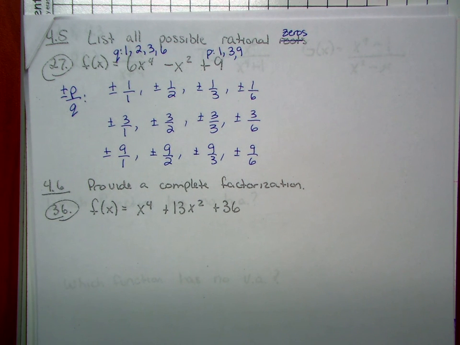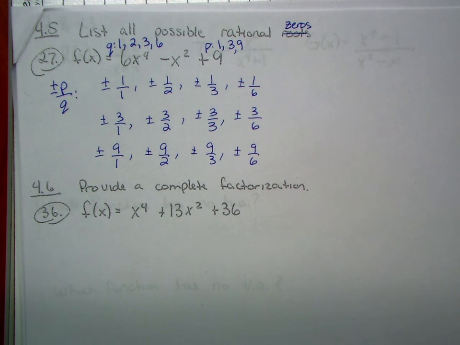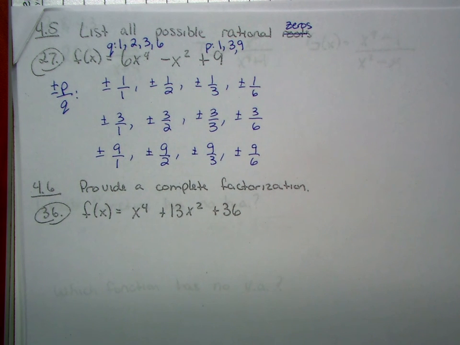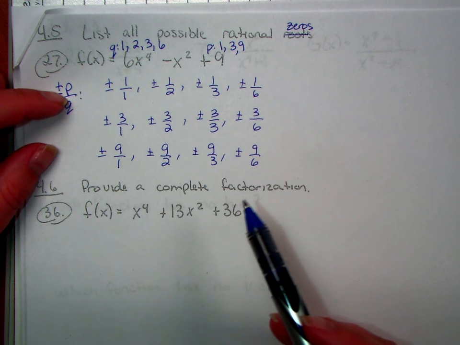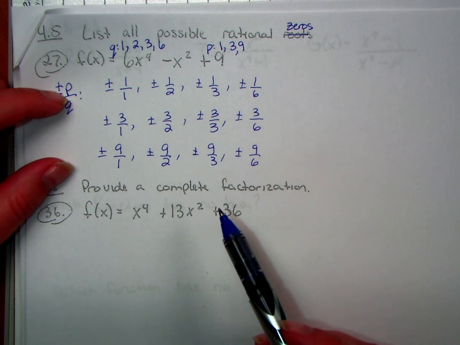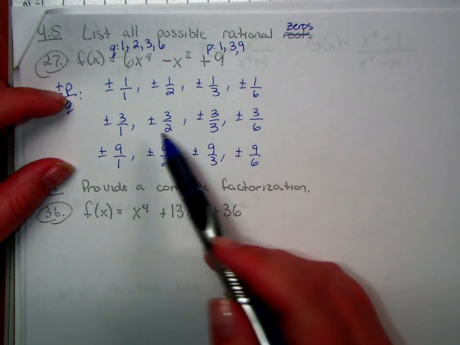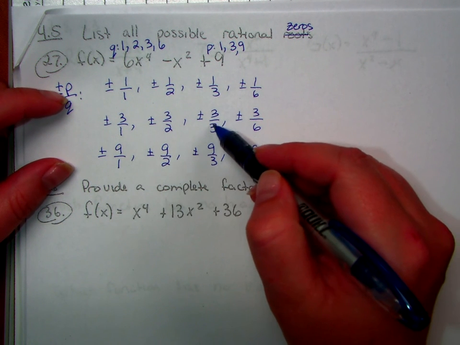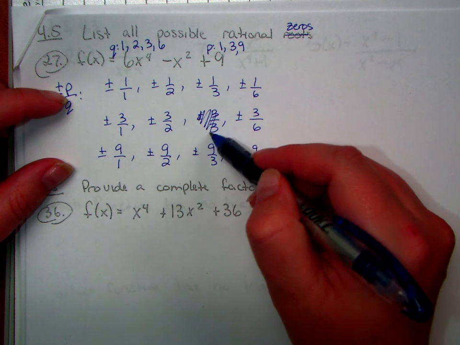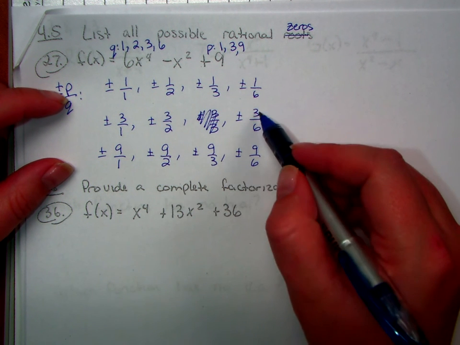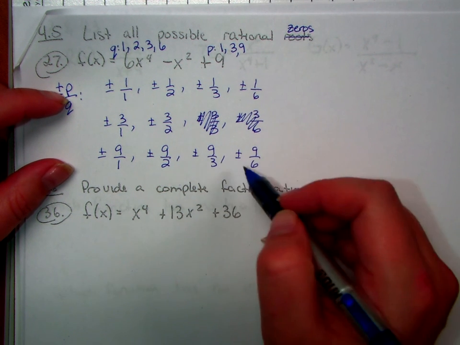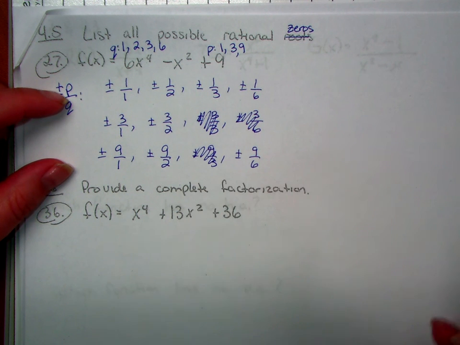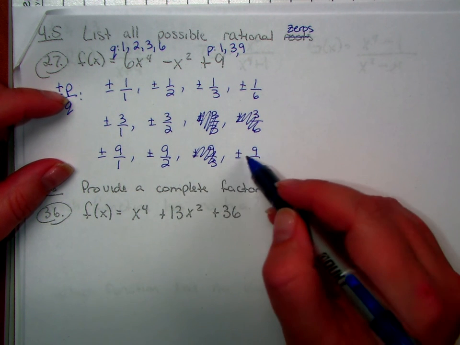Right. So then what we want to do is make sure we don't have any duplicates in our list. So if they, not the ones over 1, but anything else, if they reduce, we're going to cross them off. So the first thing that reduces, 3 over 3 is the same as 1 over 1. Okay, so I'm going to cross that off. 3 over 6 reduces to 1/2. 9/3 reduces to 3. And 9/6 reduces to 3/2.